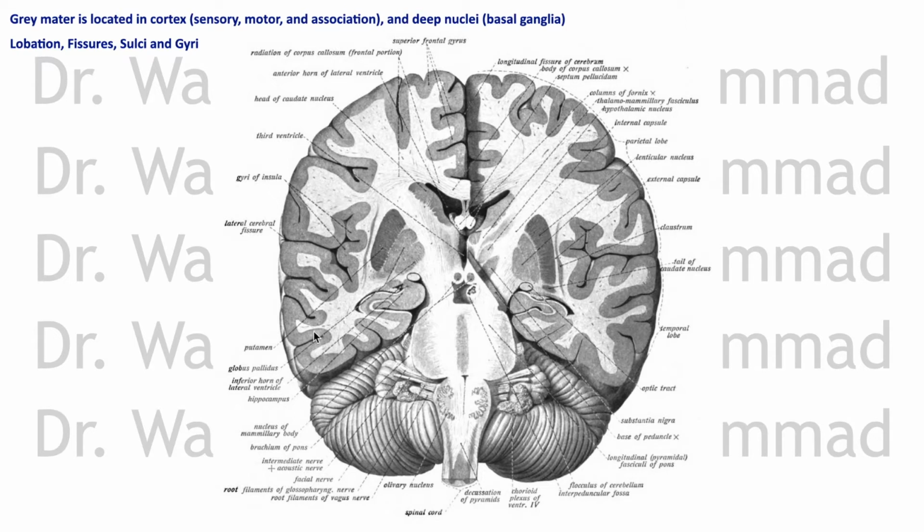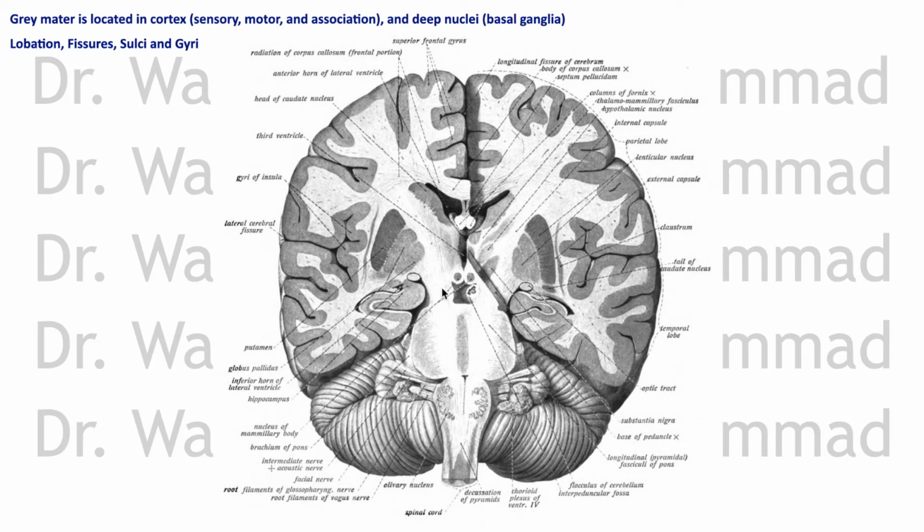Now, mostly it is thrown outside in the form of cortex, but you do find collections of gray matter in the midst of the white matter. Like, for example, the basal ganglia, the lentiform nucleus. This is the lentiform nucleus with its putamen and globus pallidus parts. This is the caudate nucleus. See the caudate nucleus. This is the beginning of the head of the caudate nucleus. It's one of the basal ganglia.